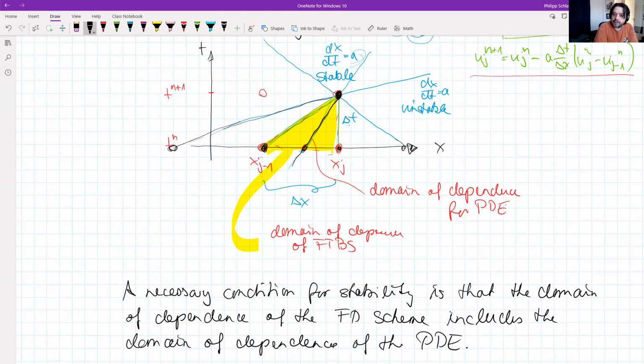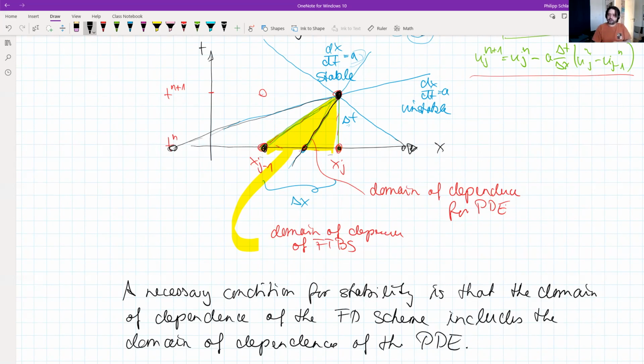So it intuitively makes sense that I require that the domain of dependence of the finite difference scheme, so my stencil, is actually bigger than the domain of dependence of the PDE, so the region where the solution comes from to the point I want to calculate the solution.